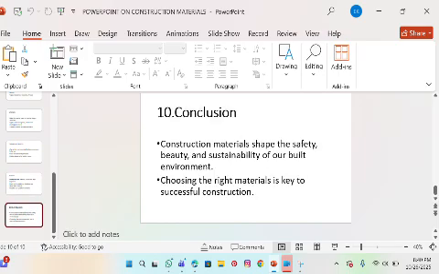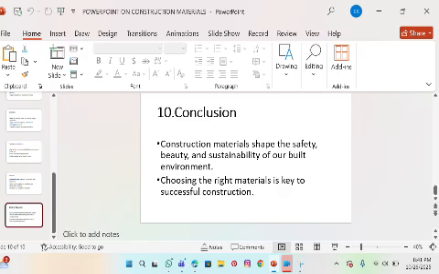In conclusion, we can say that construction materials shape the safety, beauty, and sustainability of our built environment. Choosing the right materials is key to successful construction. Therefore, as an engineering student, if you have a project whereby you want to construct your own building or house, selecting the right materials is key to success.